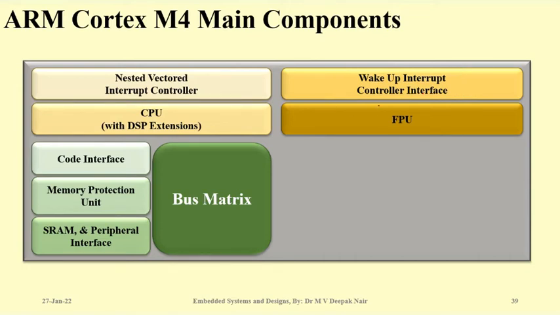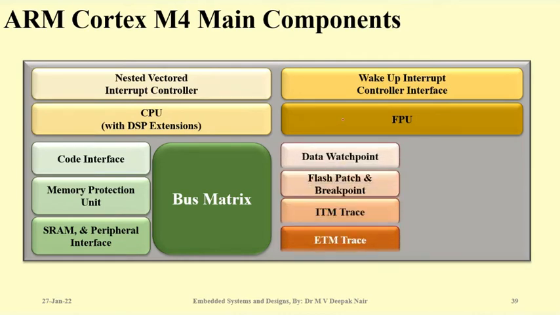Like I said, there is a totally separate unit for floating point. Floating point data are handled by this kind of microcontrollers, so a totally separate FPU unit is available. Apart from that, you have data watchpoint, that means where the data are getting stored and all. Flash patch and breakpoint handling facilities.